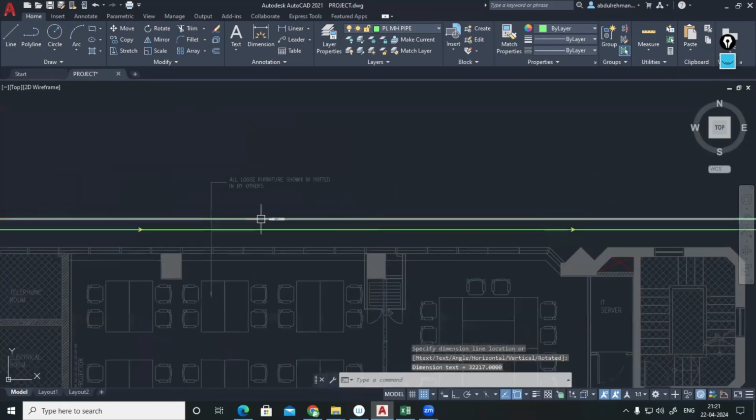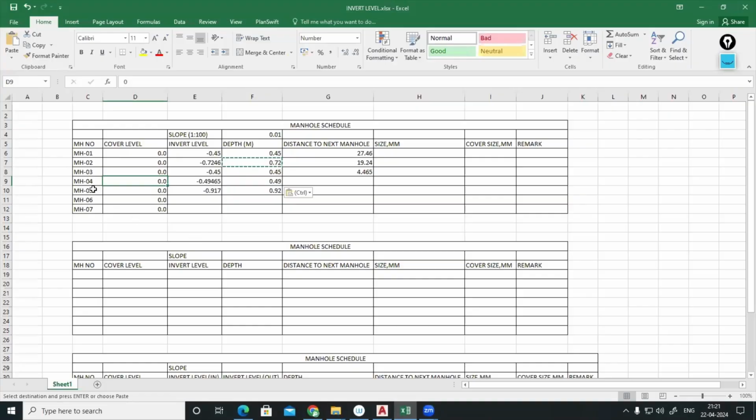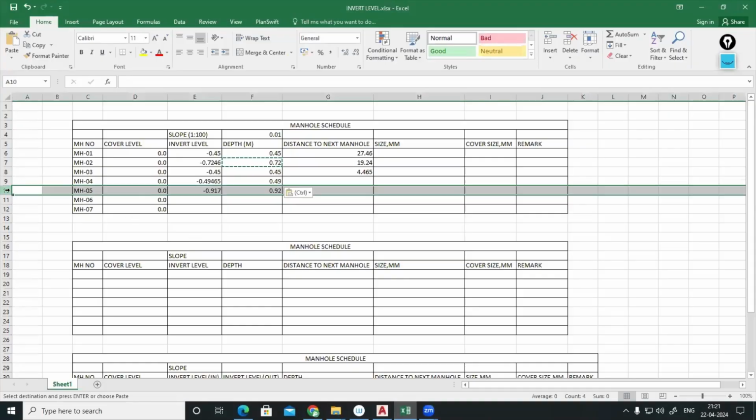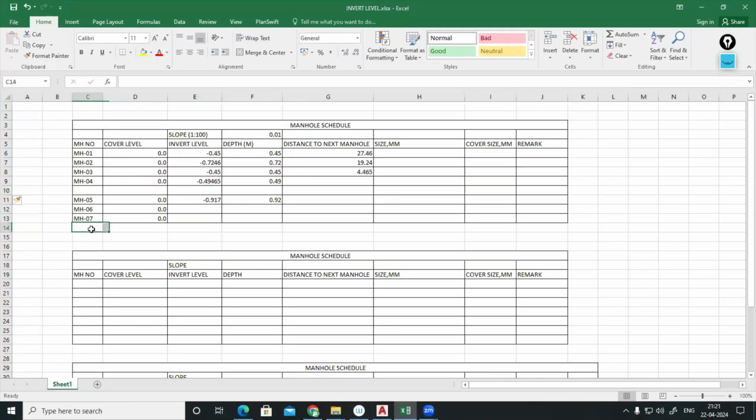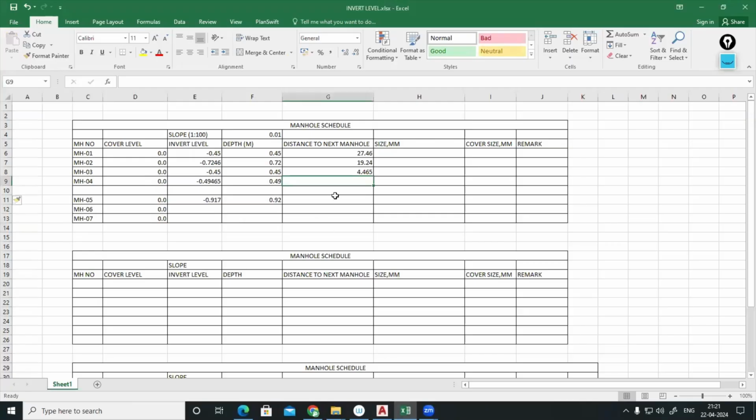We are getting 32.21 meter. So the distance to the next manhole is 32.21. Once again, I am taking manhole number 5.